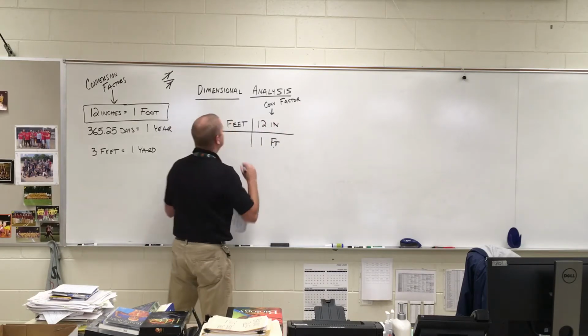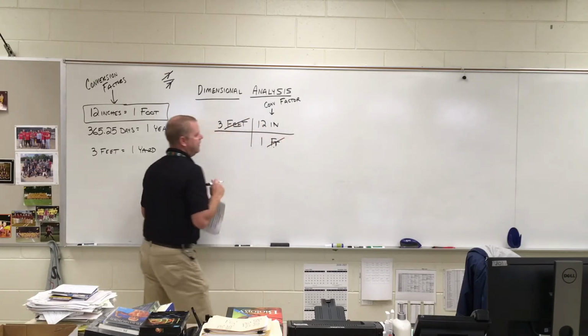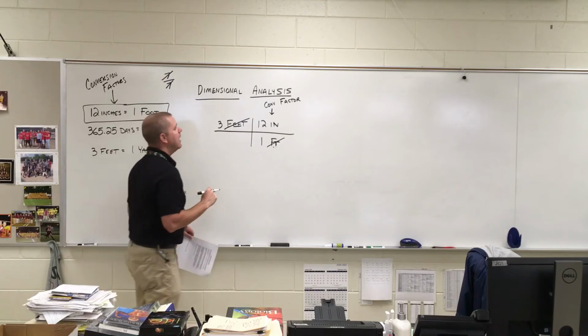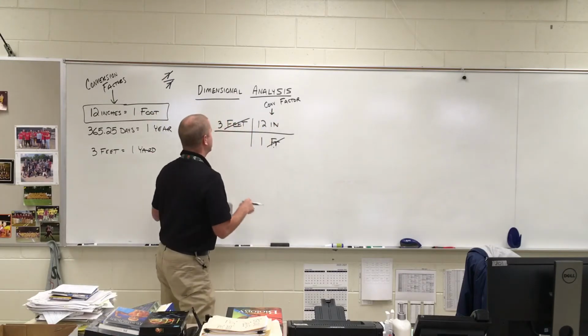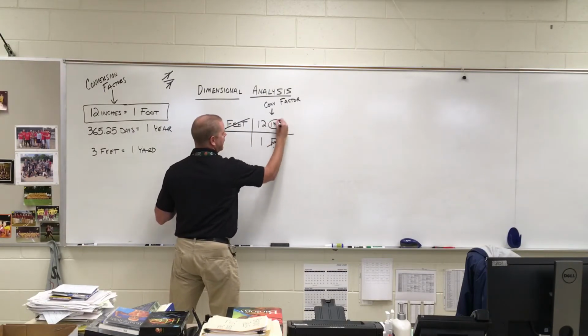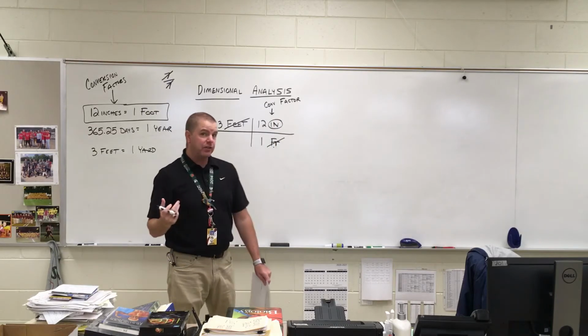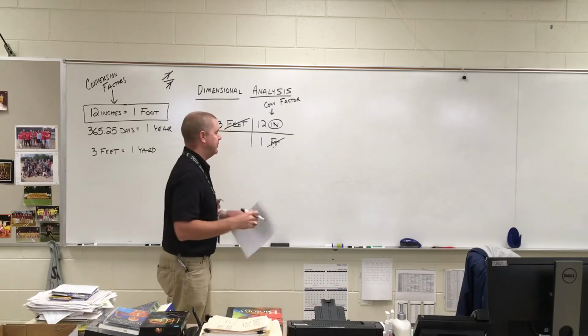And what that does for us is it allows us to take feet and divide out feet. They cancel each other. Now this is a pretty simple dimensional analysis in the regard of, you end up with inches right now on the top. But the cool thing about dimensional analysis is just that. You'll end up with what you're looking for on the top at the very end.